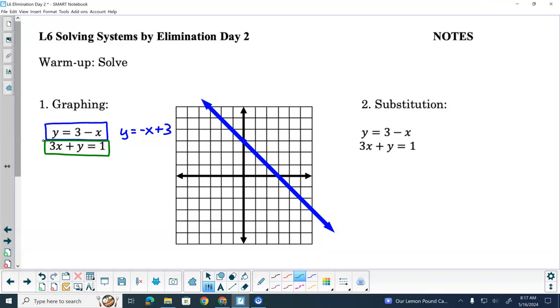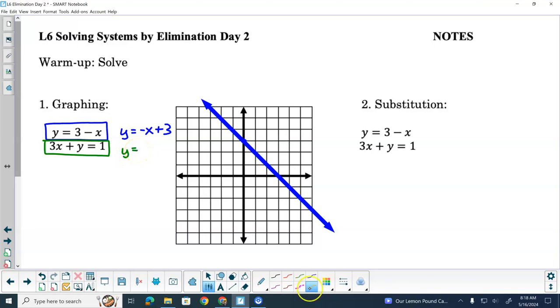What do we want it to look like? It's a form. We want it to look like y equals mx plus b, because then we can find our b and we can find our slope and we can graph our line. Right? Okay. So if I want to get this one into y equals mx plus b, it means I want it to look like this. I want it to look like y equals, right?